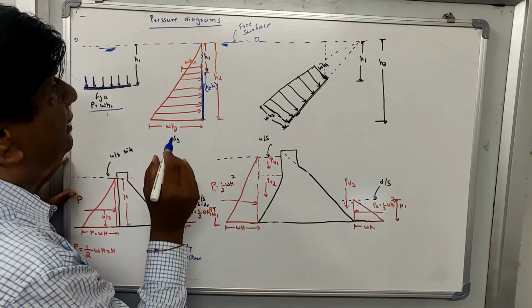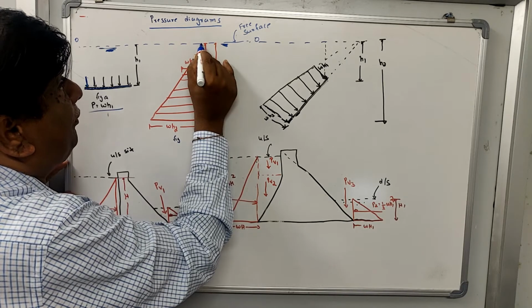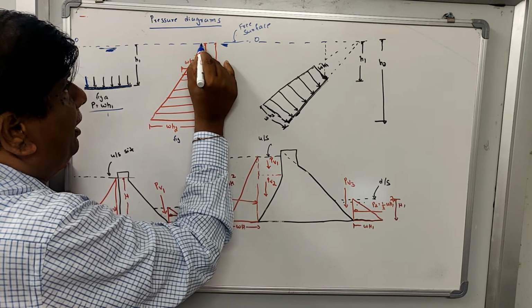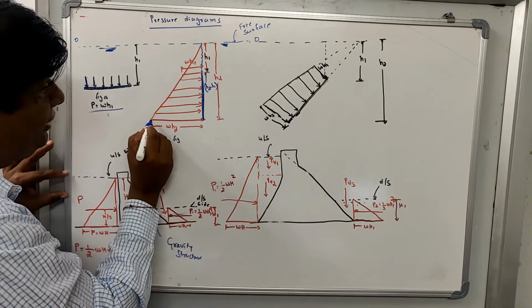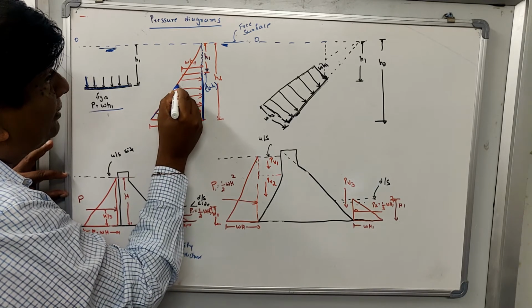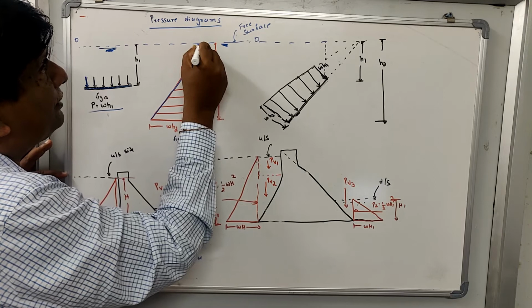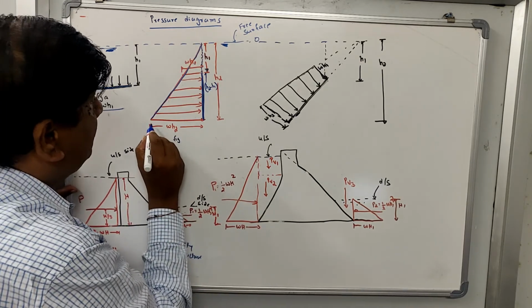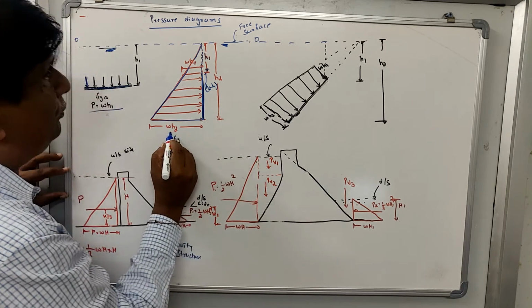The pressure varies linearly, a straight line, but its shape is triangular, having zero intensity at the free surface and maximum pressure intensity wH2.